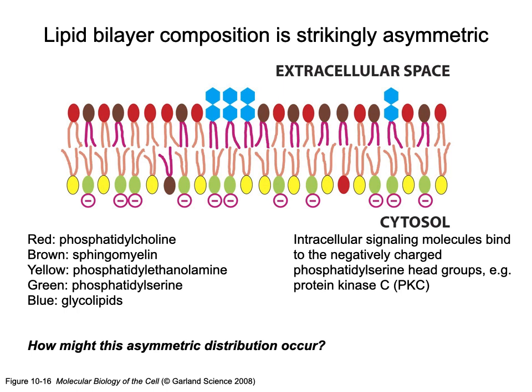The phospholipids inside the cell tend to have a charge. This is important because some intracellular cell signaling molecules, such as protein kinase C, or PKC, need to bind to these negatively charged heads. So how does this asymmetric distribution occur?